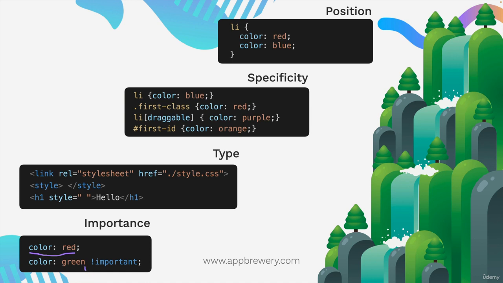But if you add a space and then you add this keyword, exclamation mark, and then the important word, then this is going to ensure that this is going to be the most important rule relative to that element. It doesn't matter how important this previous rule is. It could have been inline, or it could have been in an ID selector, or it could have been at the very bottom of the page. This rule is going to come out as the top trump.